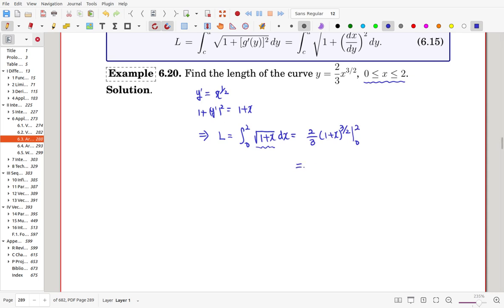So that is 2 over 3. Once x is 2, the value is 3 to the 3 over 2, that is 3 square root of 3, and once x is 0, then it is 1. Okay, that's the final answer.